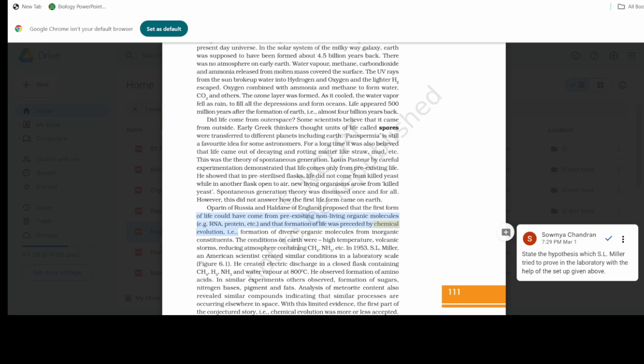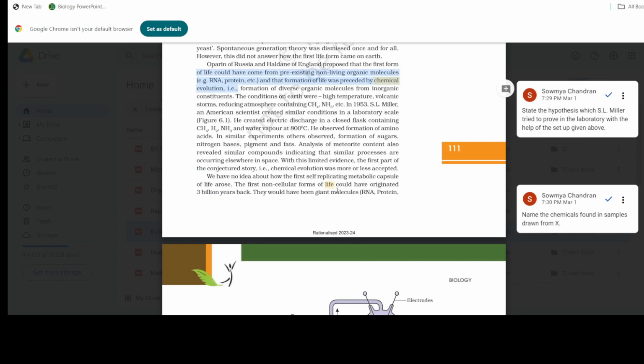That is, formation of diverse organic molecules from inorganic constituents. Miller tried to prove that. After his experiment, this conjectured story of chemical evolution was more or less accepted.